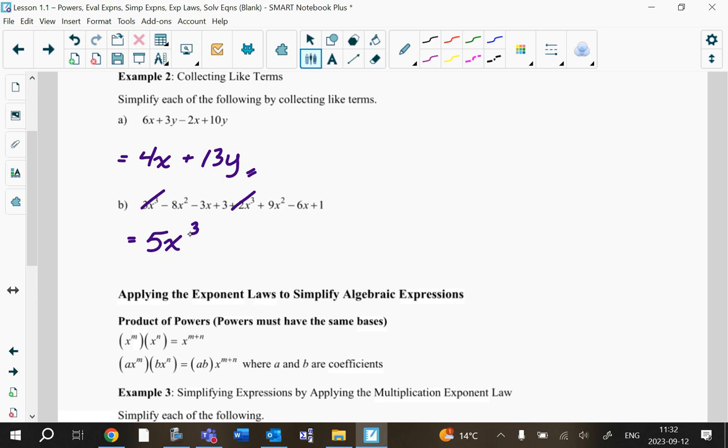We don't change the exponent unless we're multiplying or dividing or raising one power to another. Another pair would be -8x squared plus 9x squared, which gives us plus 1x squared, or just plus x squared. We've also got a -3x and a -6x, which give us -9x. And we've got a +3 and a +1, which give us +4. And you can't go any simpler than that.